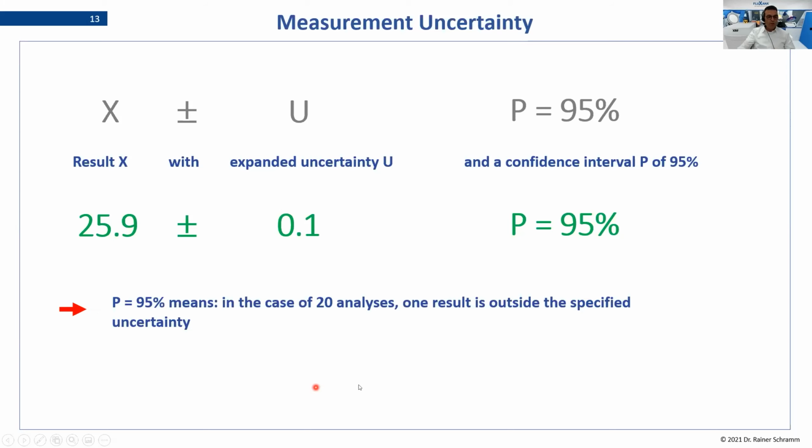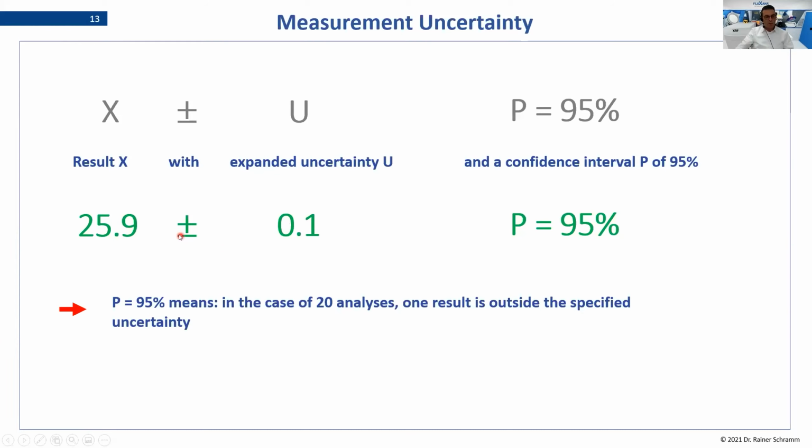This means that in 5% of the cases, your measured value will be outside that limit, or in 19 cases, inside. So this is the estimation you give for your future analysis. And so everybody outside your laboratory has now an indication how good you are able to determine this value.